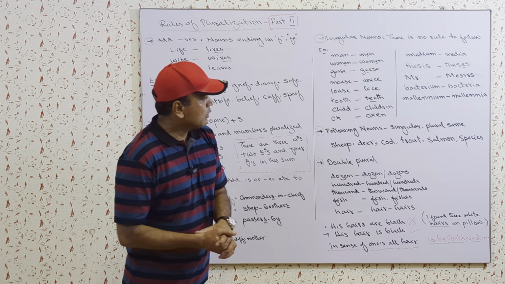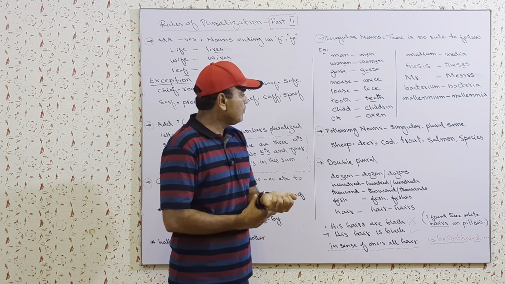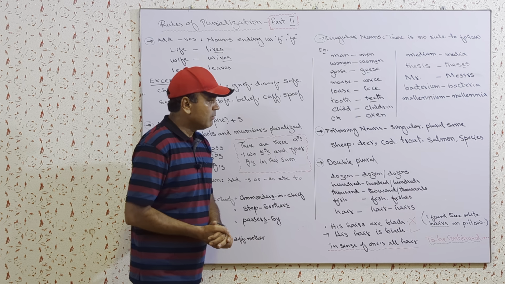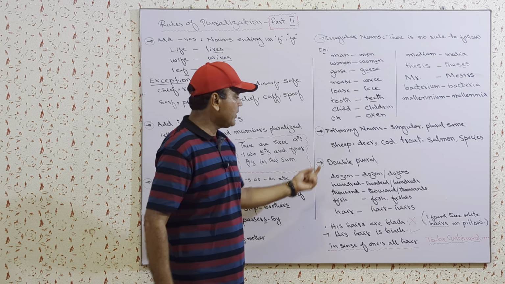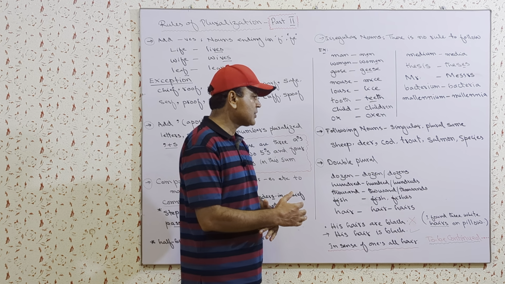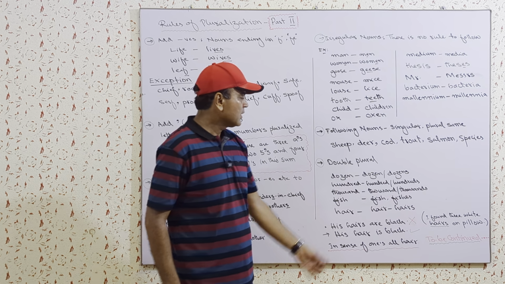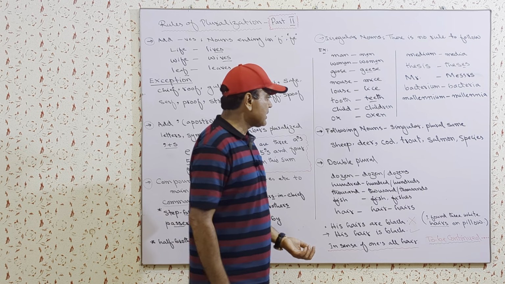We also have a group of nouns whose plural and singular are the same. Whether they are written in plural or singular, in both cases they are written the same way. A very common example is sheep. Its singular is sheep, and the plural is also sheep. Deer, plural is deer and singular is also deer.